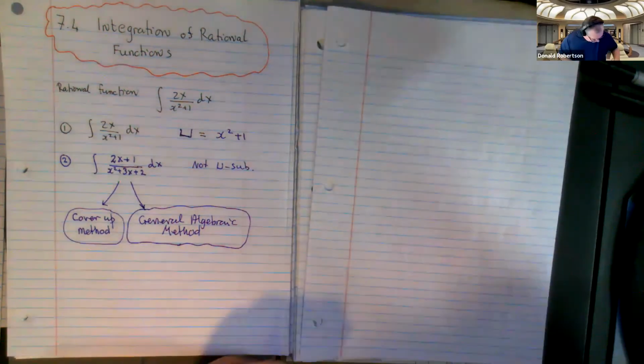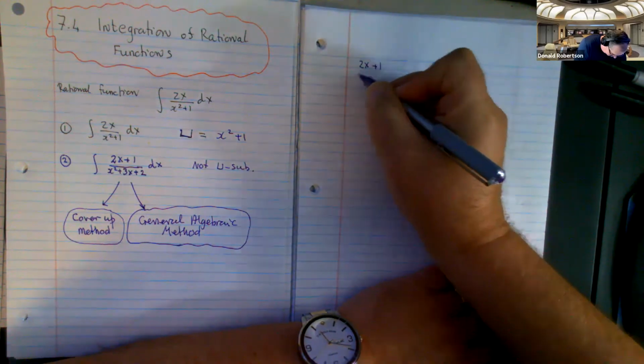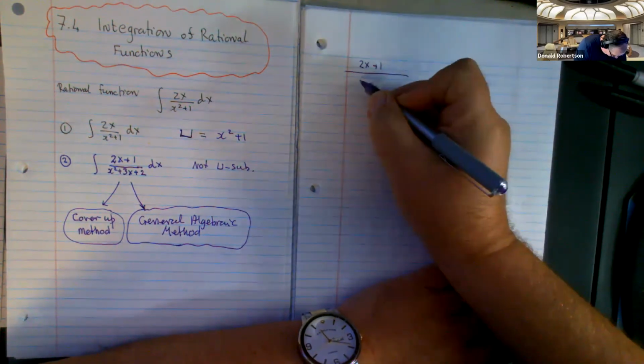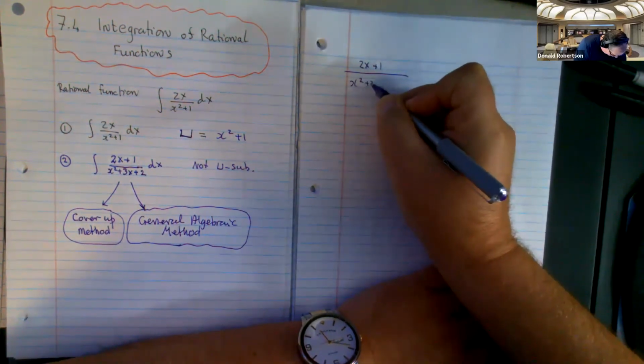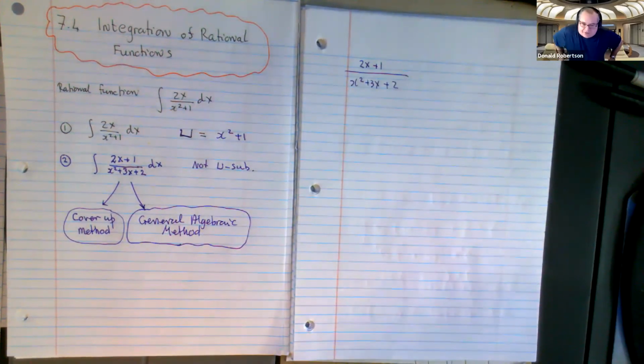Now it's time to look at this method called the cover-up method. So we are going to integrate that guy. And I'm telling you right now, as I said at the start, you can't use U subs. X subs don't work either, by the way, but I don't think you're even going to go there, right?